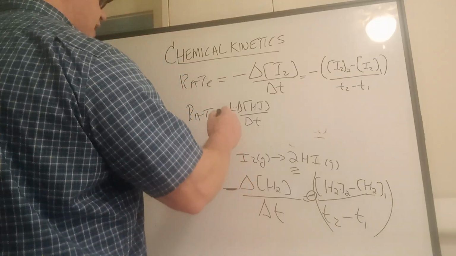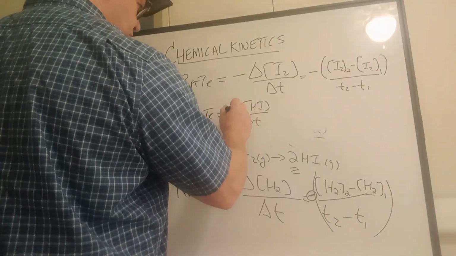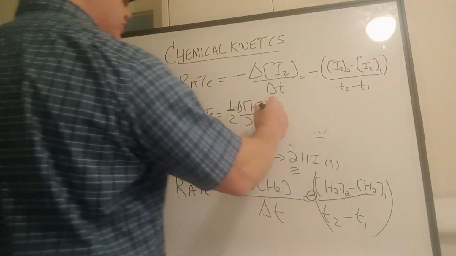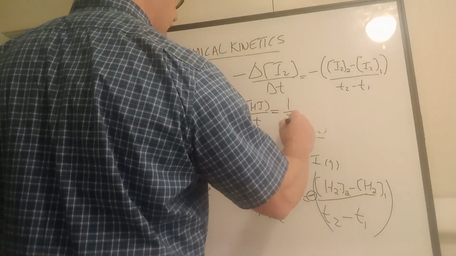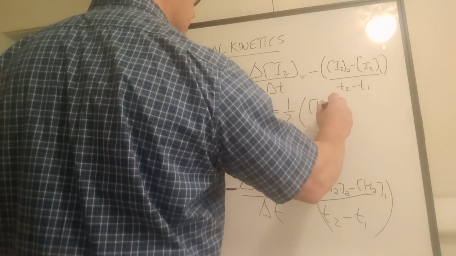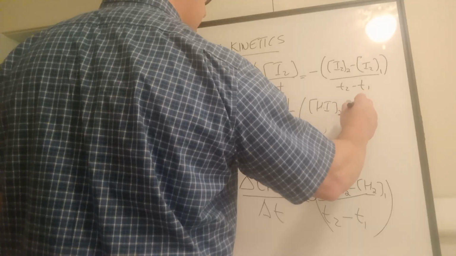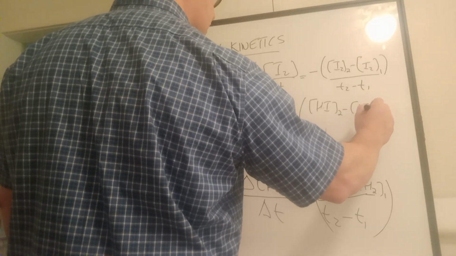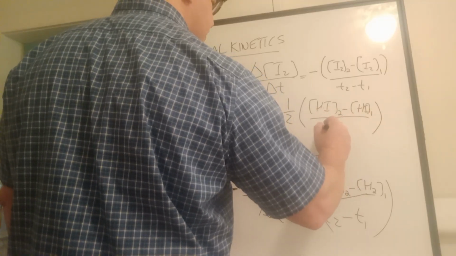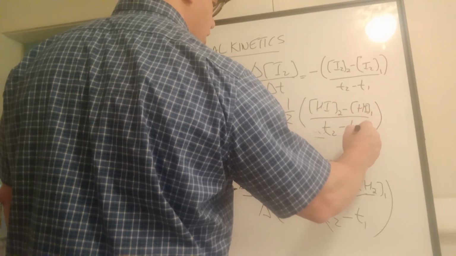We leave it positive, and so this would be equal to 1/2 times HI at time 2 minus HI at time 1 over T2 minus T1.